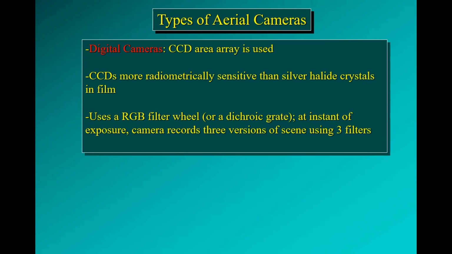One thing to note is that if we are employing a digital camera system that utilizes a RGB filter wheel, or a red, green, blue filter wheel, or a dichroic grate, at the instance of exposure, the camera records 3 different versions of the scene using 3 filters. A problem with this is that we have essentially successive RGB exposures that are being acquired at slightly different vantage points.